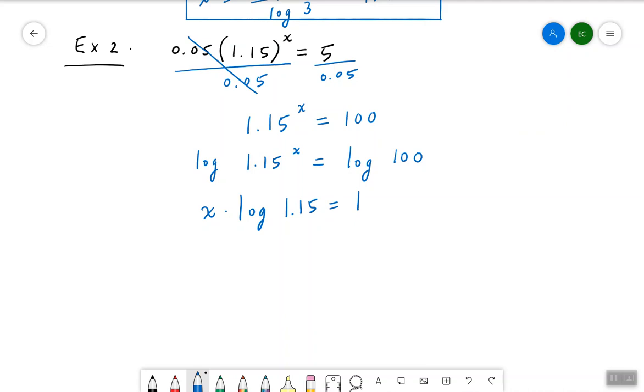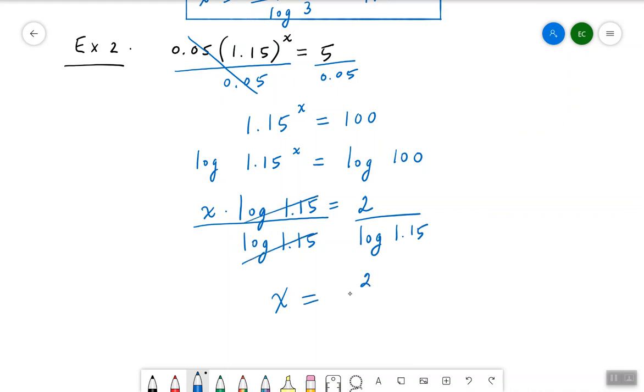Log of 100 is just 2. 10 to the second power makes 100. So then we can simplify that, and then we can divide off the log of 1.15 on both sides. And we've got x is equal to 2 divided by the log of 1.15.